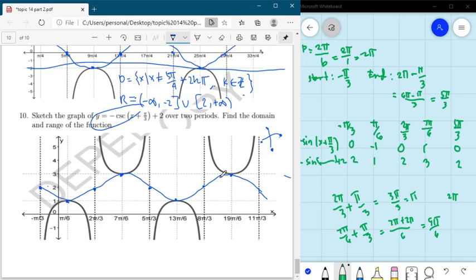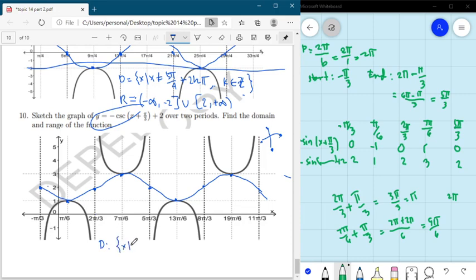Okay, and then you put your cosecant. Notice that at 2 pi over 3 and negative pi over 3 you have your zeros. So the cosecant is not defined there. So, you are going to put the broken lines, because they are the vertical asymptotes. Okay, so therefore, we can describe here the domain.